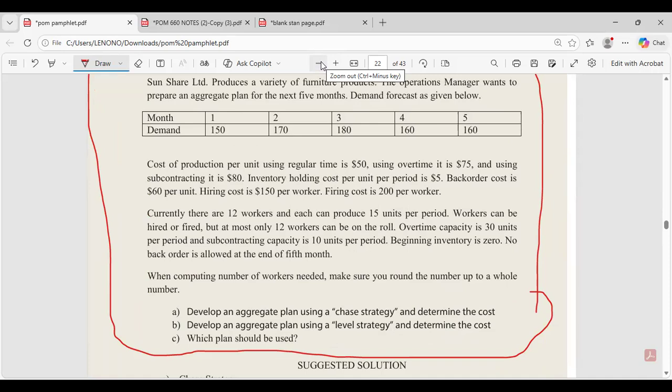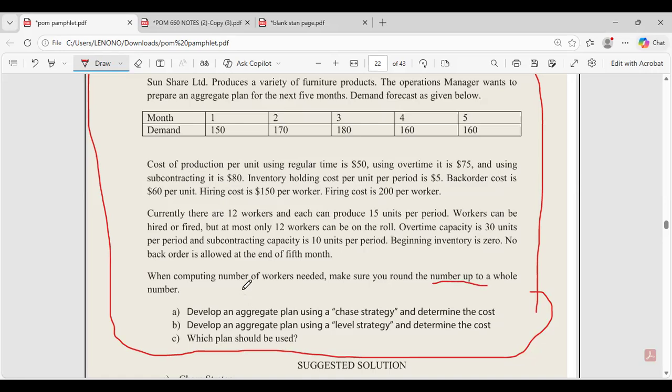Overtime capacity is 30 units per period and subcontracting capacity is 10 units per period. Beginning inventory is 0. No back order is allowed at the end of the 5th month. When computing the number of workers needed, make sure you round up to a whole number.